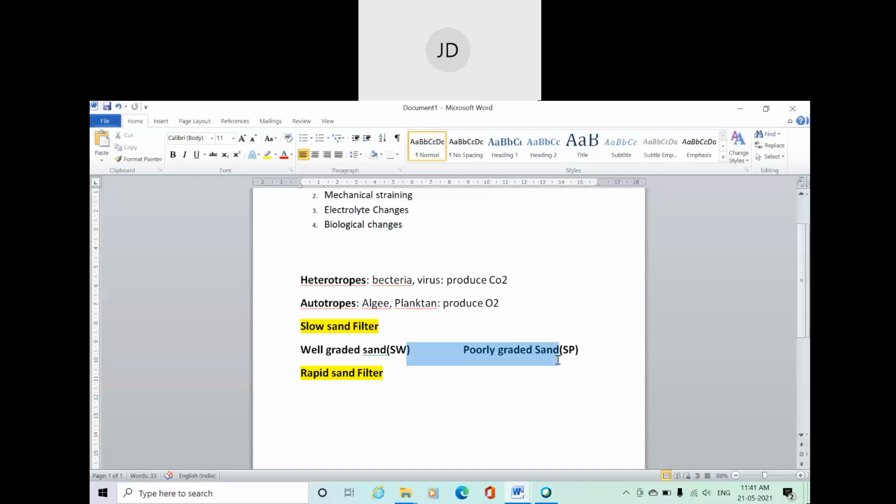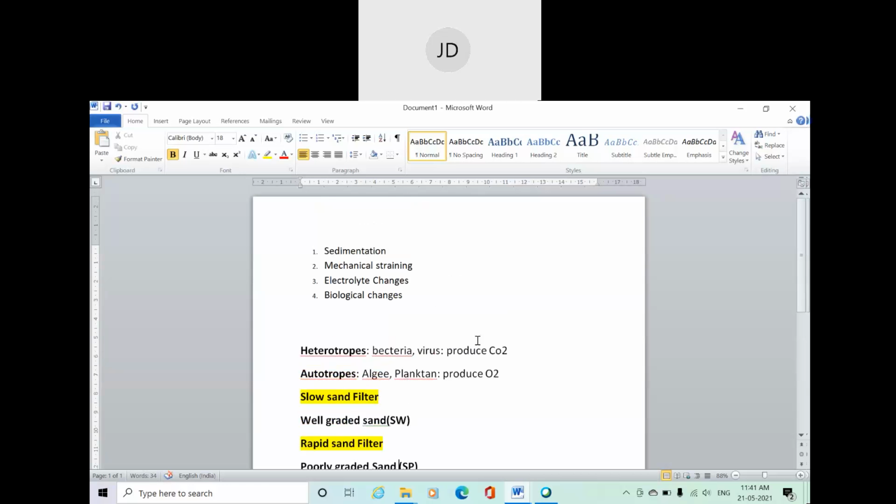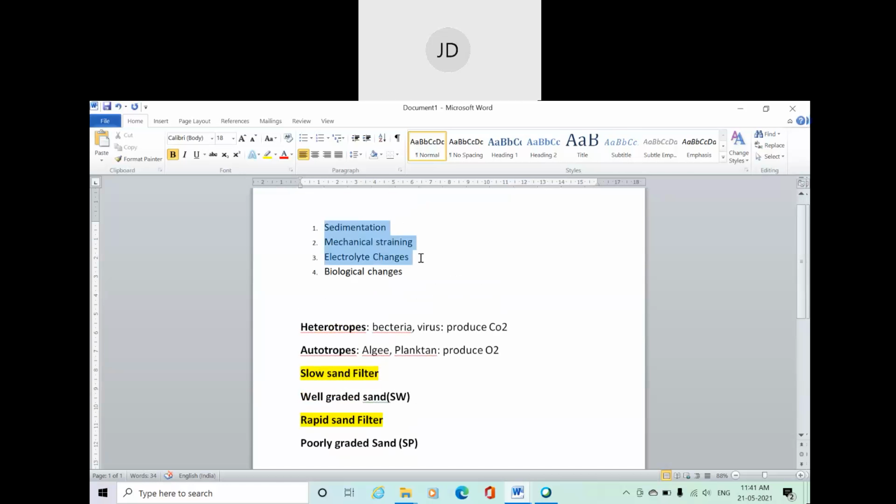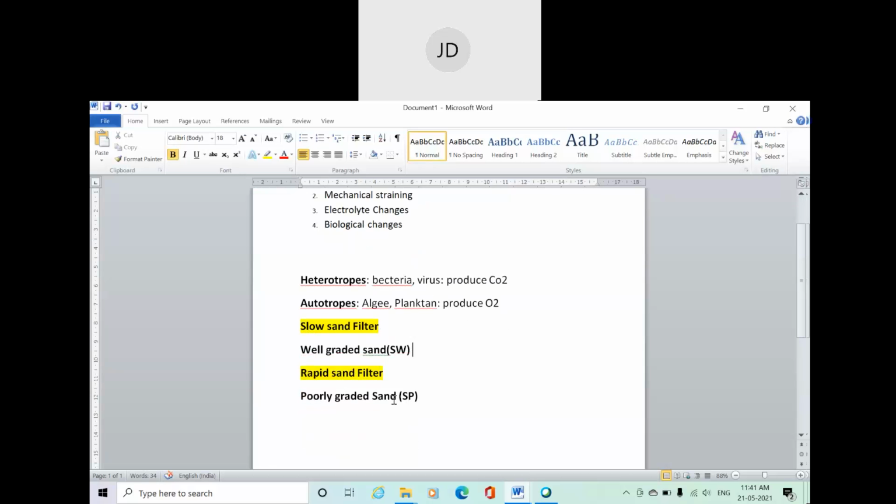That means we can use poorly graded soil. So in case of the rapid sand filter, we will use poorly graded sand as a top layer. So the basic mechanism of the rapid filter, how it works, is already discussed here, right? So at least we can have an idea how a rapid or high rate filter works, fine?